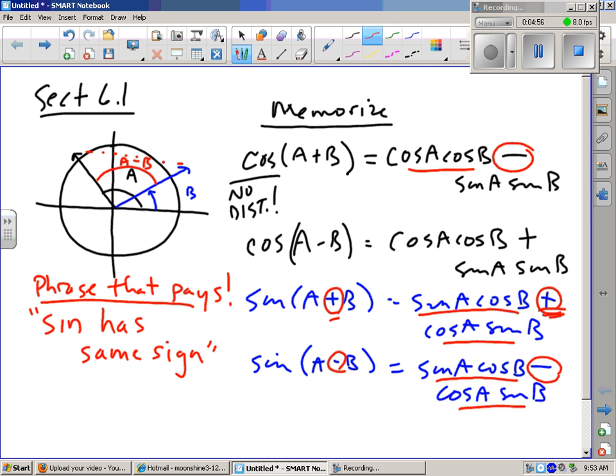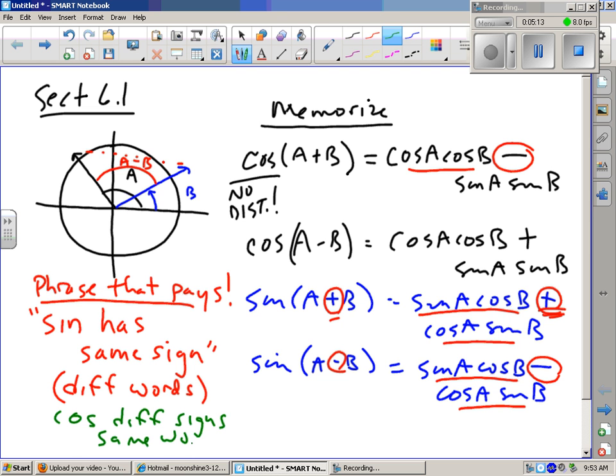If sine has the same sign, that means it has different words. And then that means cosine has different signs, but it has the same words. But really, all you need to remember is that phrase, and then all this other stuff you can deduce from that. So, all right, let's do a couple problems here.